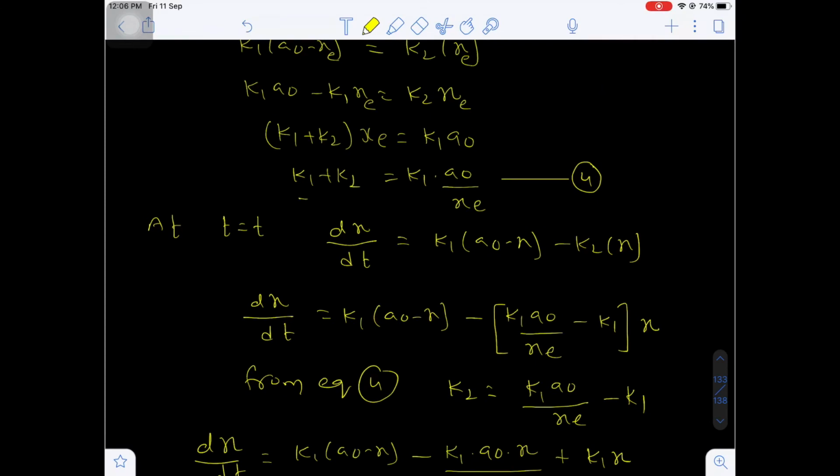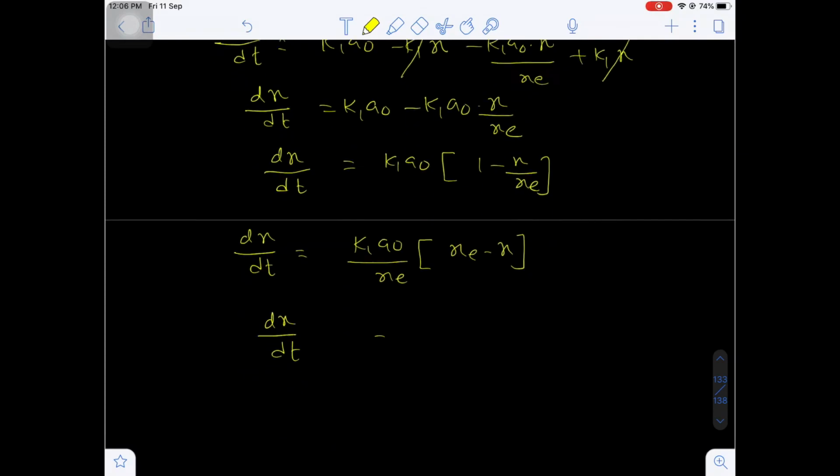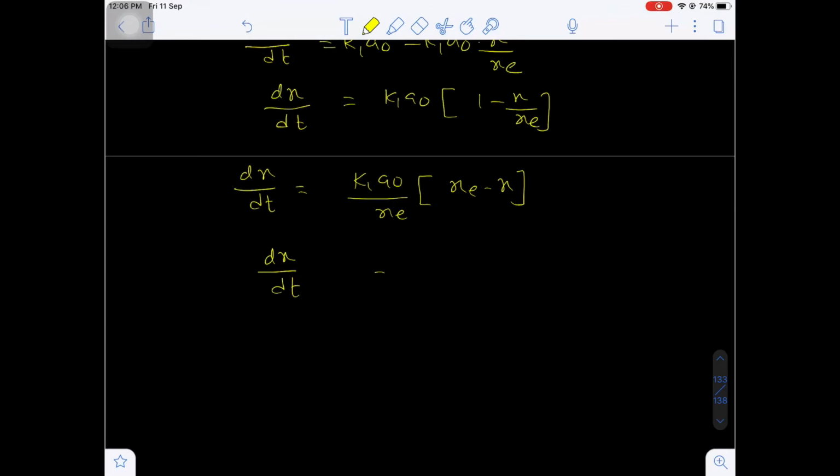That will be equal to k1 plus k2 from equation number 4. So from equation 4, k1 a naught upon xe is equal to k1 plus k2.